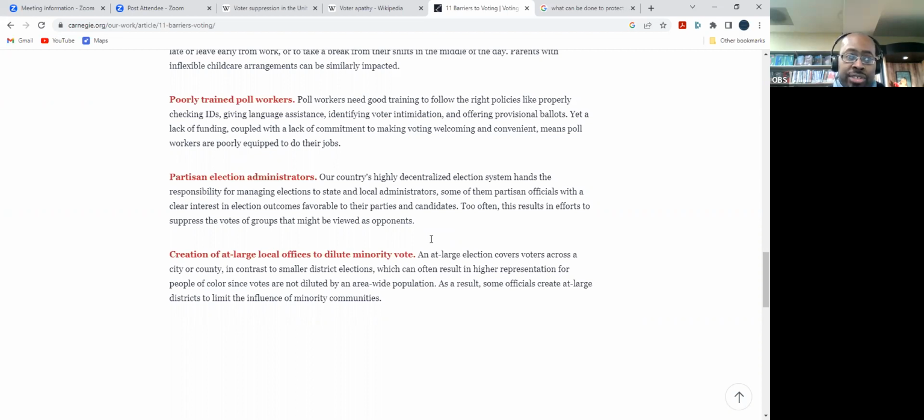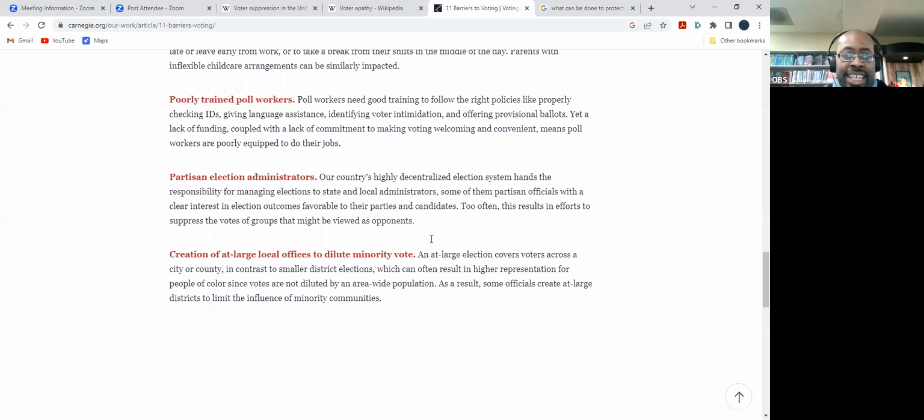So the plan to suppress votes of certain groups and to have favorable outcomes for their party candidates was pretty much a mixed bag. And finally, on this list, we have the creation of at-large local offices to dilute minority votes.